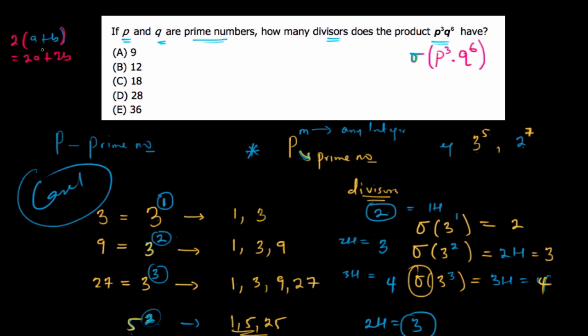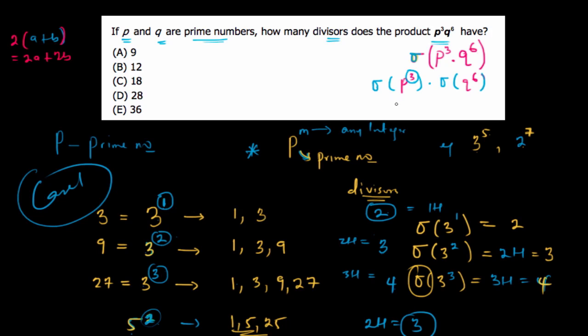So what you have here is sigma of p to the power 3 times sigma of q to the power 6. And then we've obtained a formula below that sigma only acts on the power you have here.